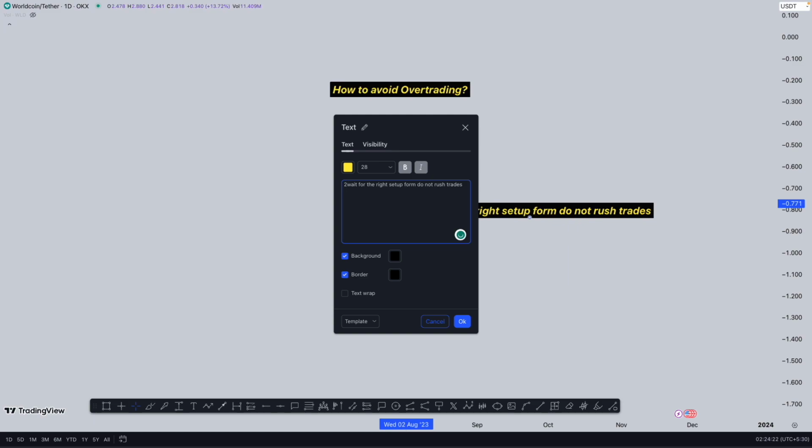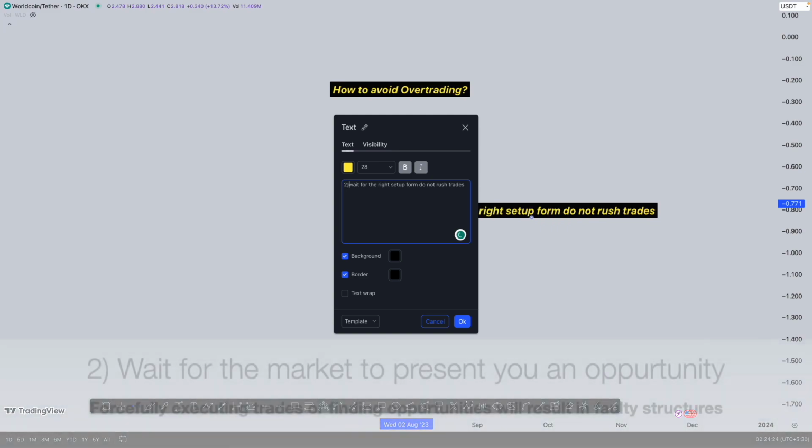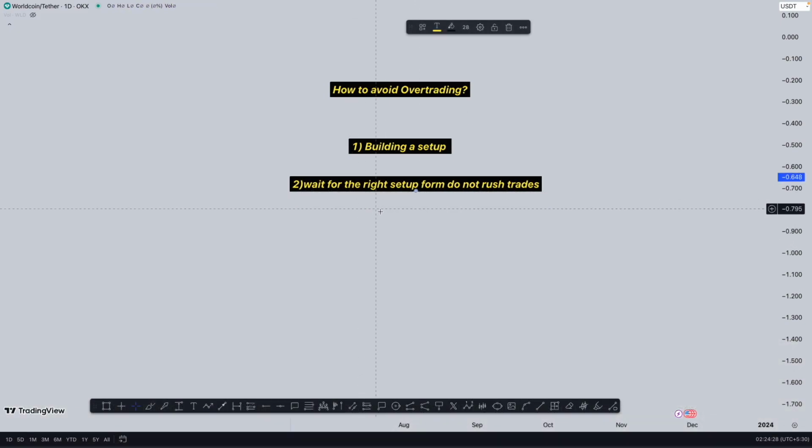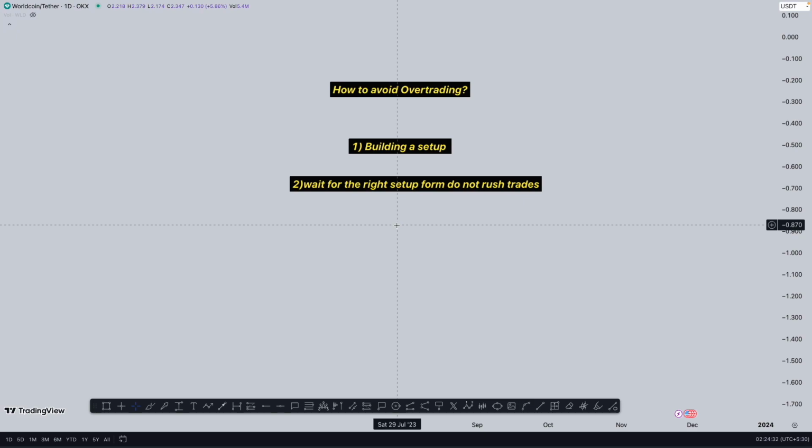If you guys are just starting out, or if you are new to the market, you need to understand this. If you do not wait for the right setup to form according to your setup, then you will just be taking random trades like I've mentioned earlier, and the outcome will also be random. Do not expect a good outcome. And when you start expecting a good outcome out of randomness, you are doing pure gambling.